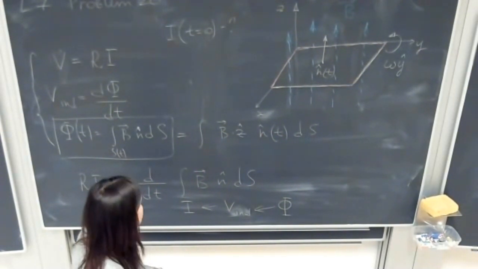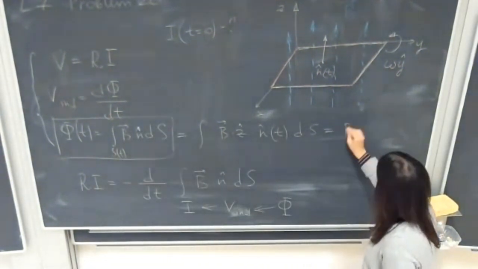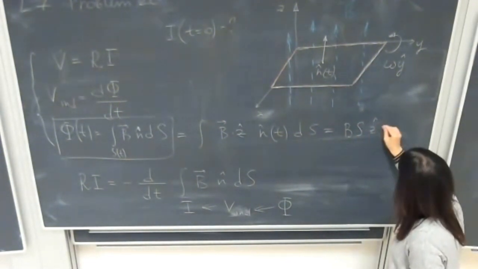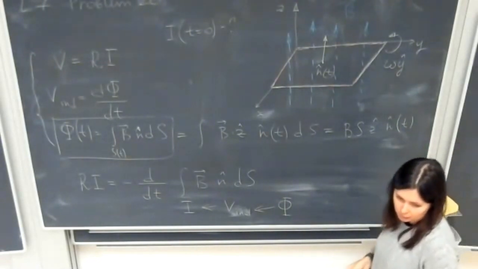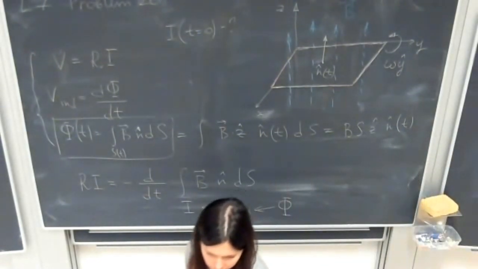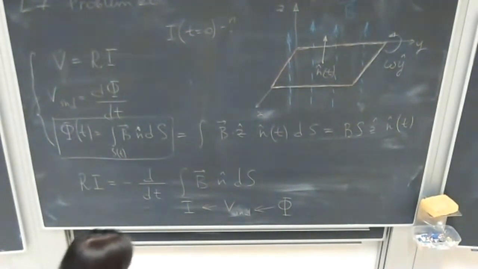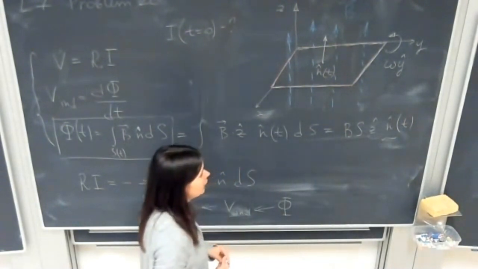So that's what I have. And what can we do? We can find the scalar product of these two unit vectors, the normal and z.